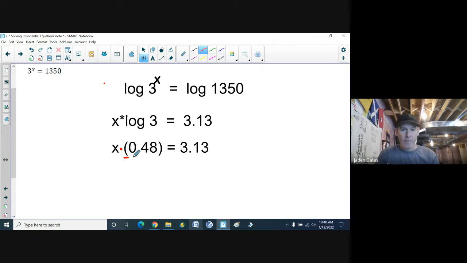And so I'm going to divide both sides by my 0.48. All right, so those 0.48s divide themselves out. And again, my x value, I'm going to take my 3.13 and I divide it by my 0.48. And I get 6.52.